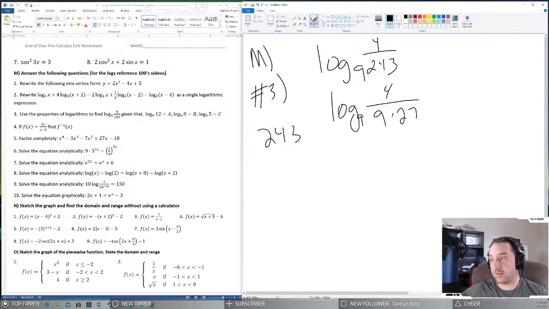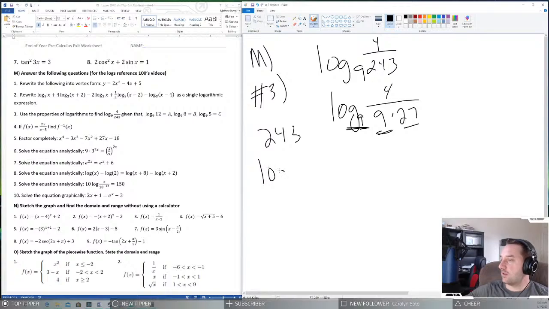That's the goal. Let's see. What else can I do here? Okay, I do have a log base 9. That's okay, since it's log base 9. That's fine. The 27, I can break it down again.